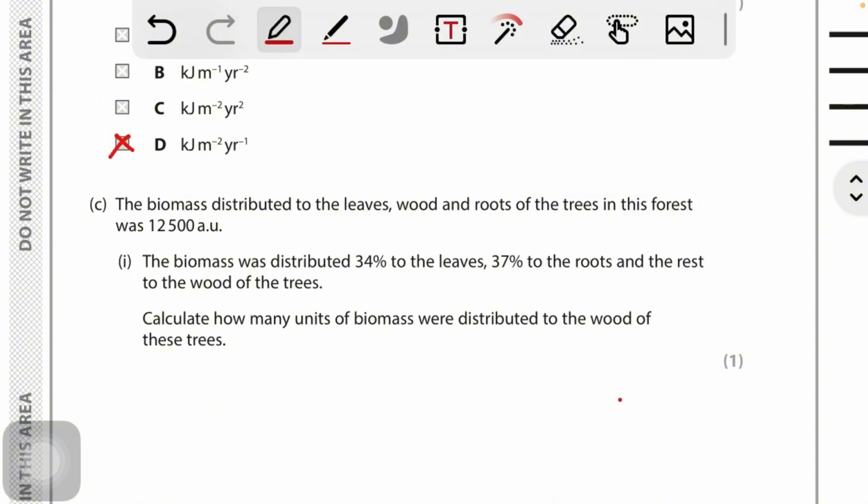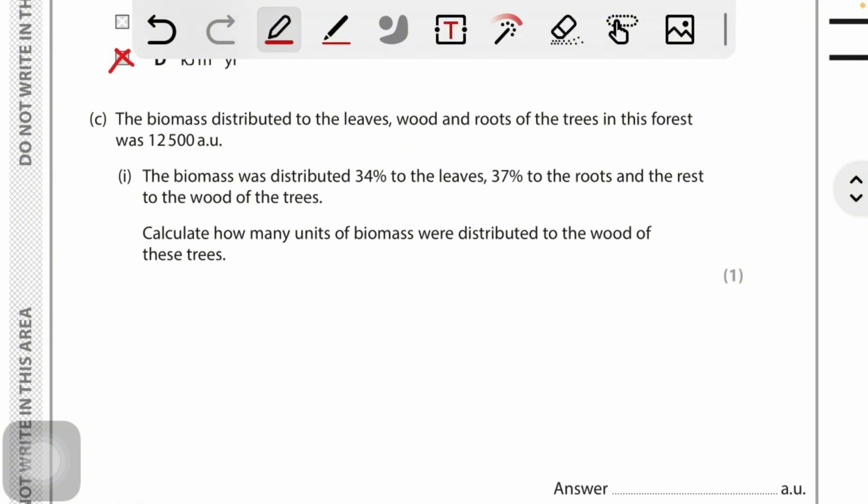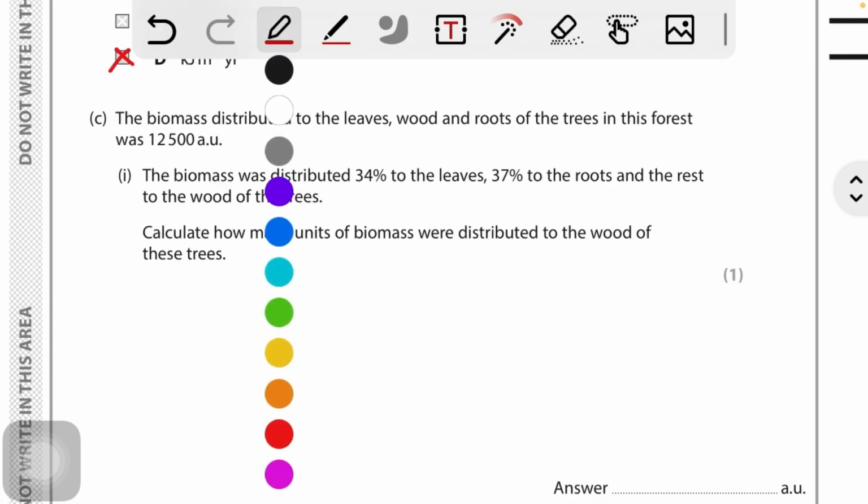So the question says the biomass was distributed 34% to the leaves, 37% to the roots, and the rest to the wood of the trees. To calculate how many units of biomass were distributed to the wood of these trees. So this is a very simple question.